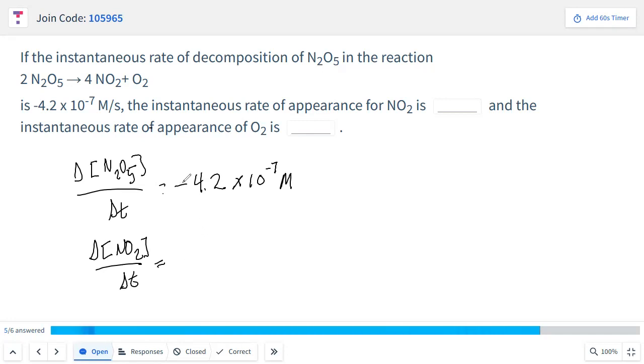So we need to change this negative to a positive, and then we're going to double it. Which would give us 8.4 times 10 to the negative 7th molar.